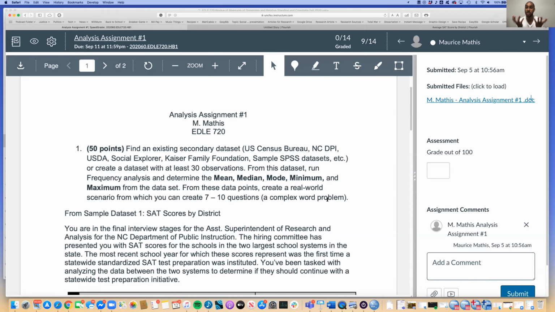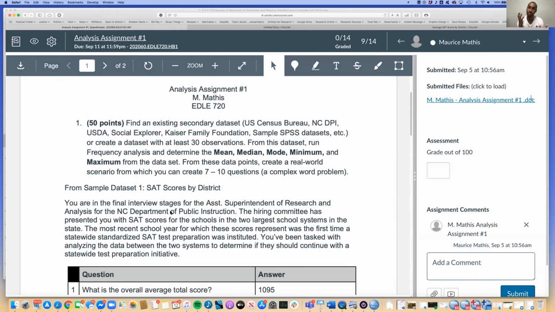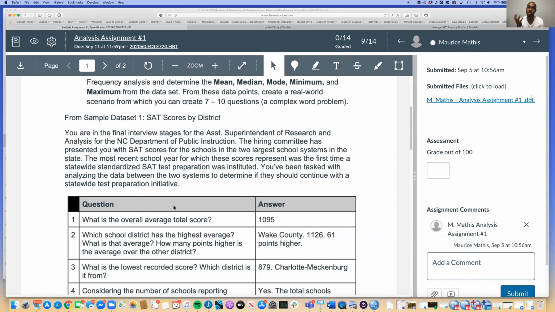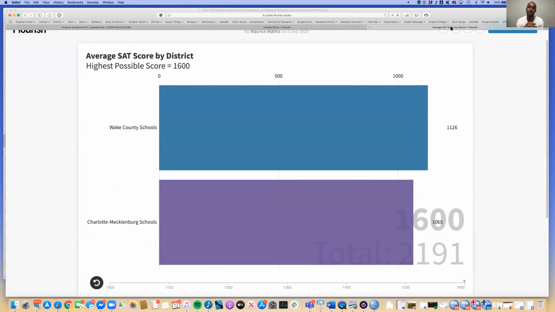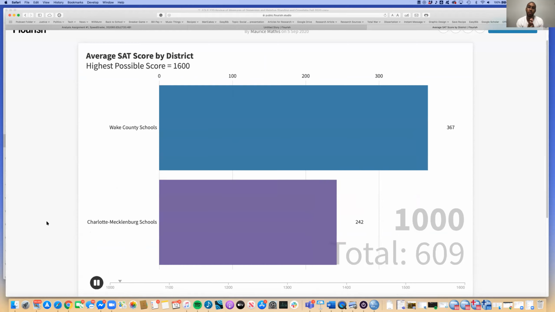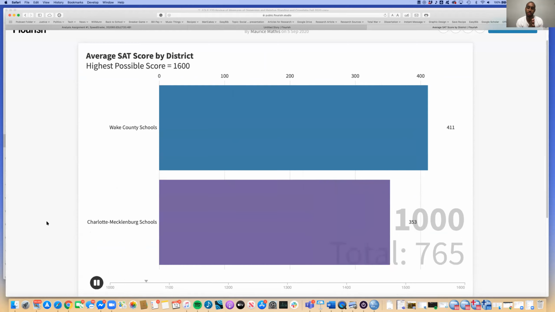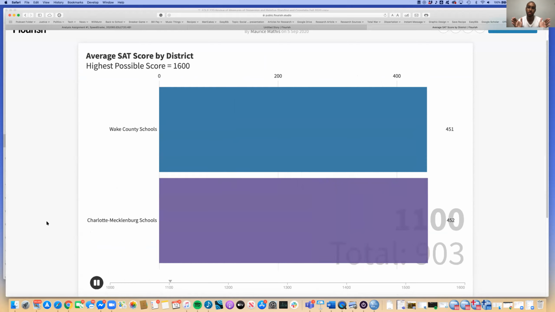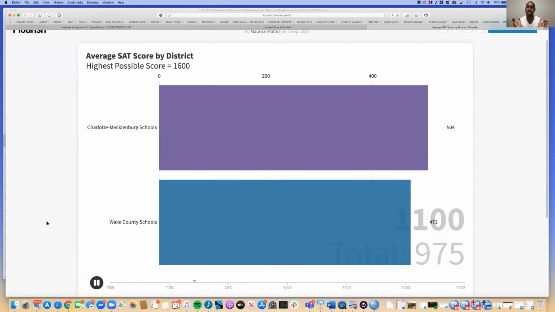So really, I literally just have test scores by school and then by district. What the Flourish model tries to show is, and it's not on a continuum, but I still wanted to give some visualization or movement to it.